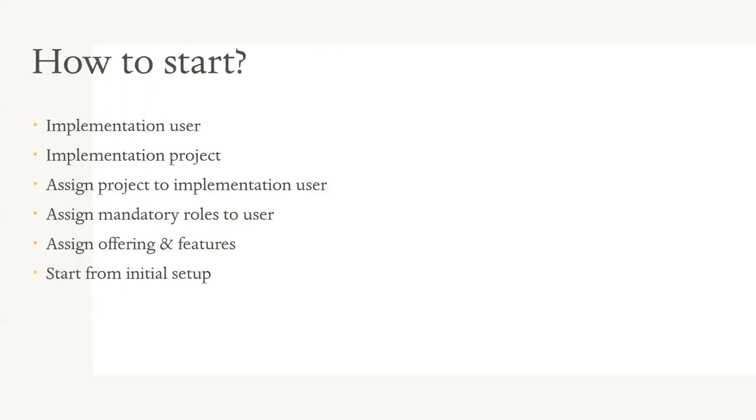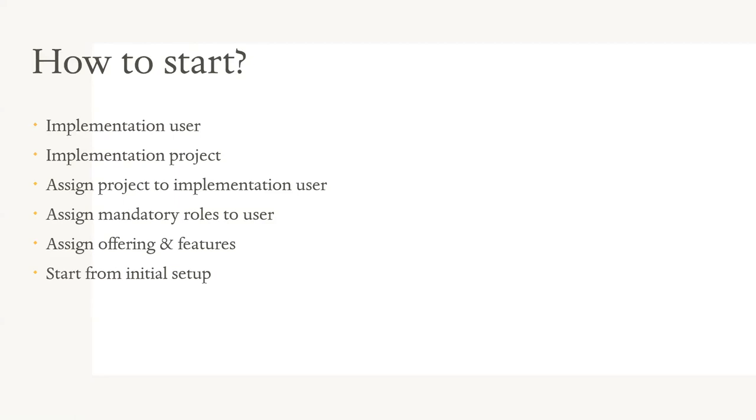So what are the minimum steps we need to create an implementation project or to start with the configuration? First, an implementation user needs to be created. Then we need to create a project. Then we assign the project to the implementation user we created in the first step.